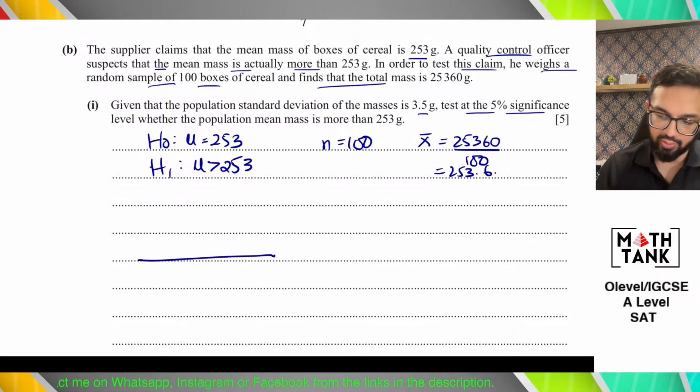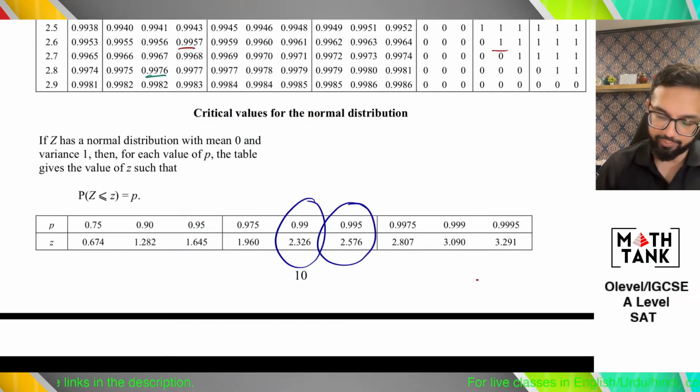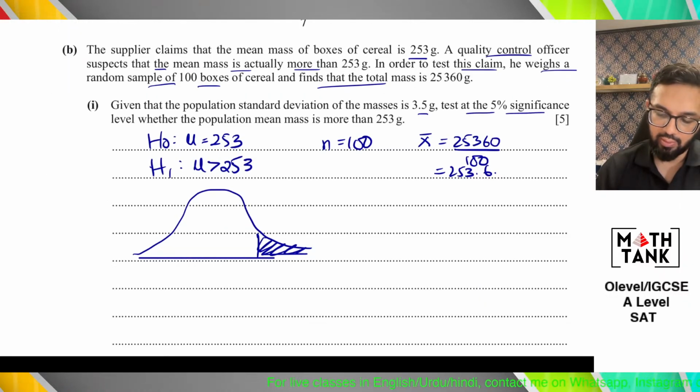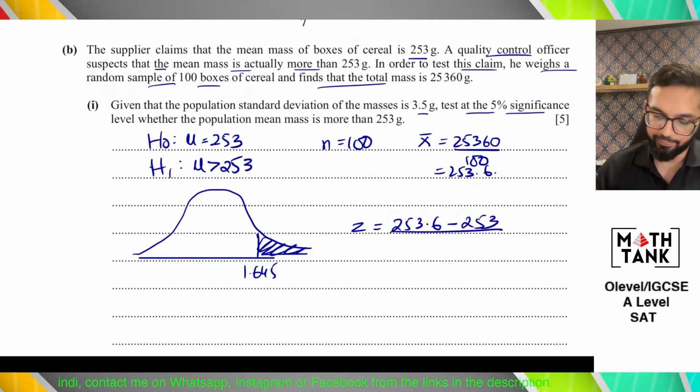Okay, let's draw the critical region. I want the 5% significance level, and I just want the upper tail. So 95% gives me 1.645. Then z is equal to 253.6 minus 253 divided by the standard deviation 3.5 over root of 100.